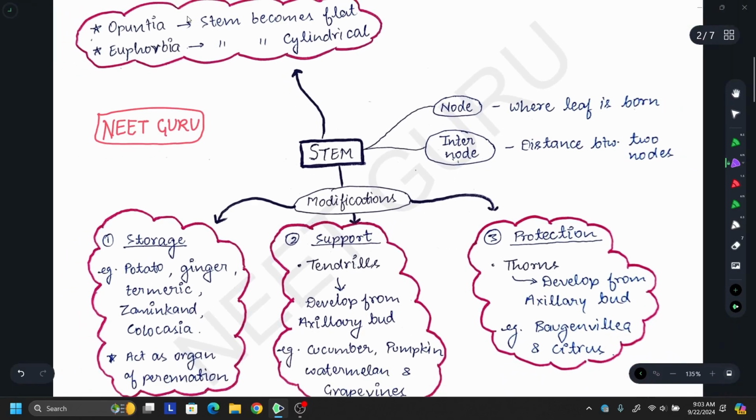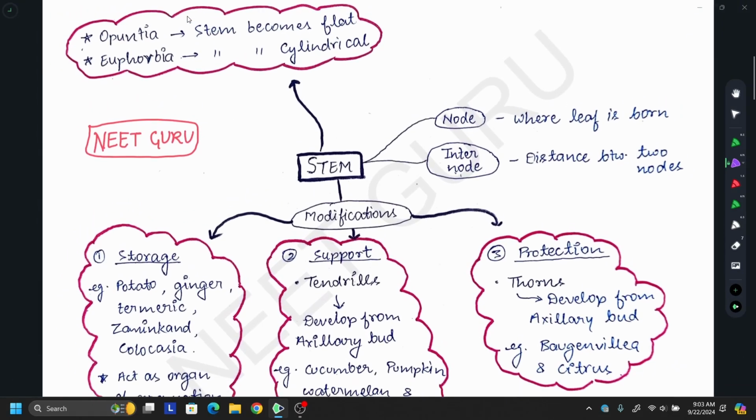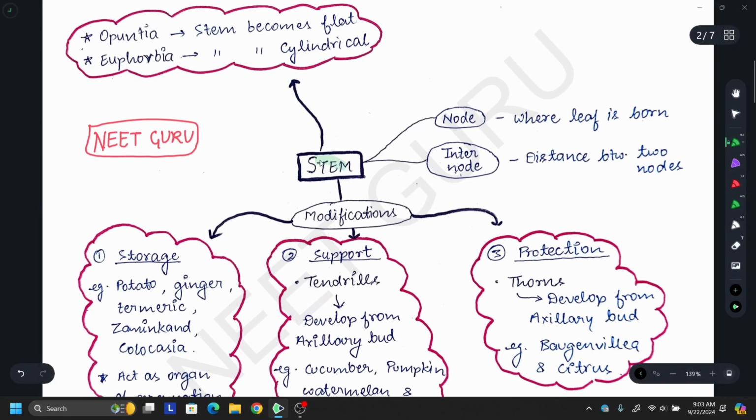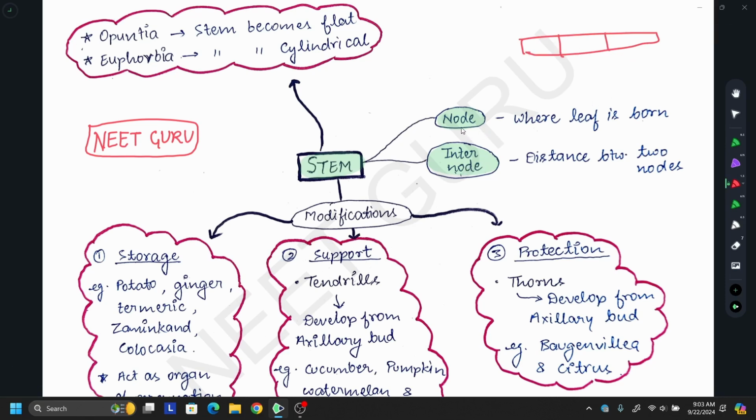Now coming to stem. So we have understood root. Now coming to stem. Now what is a stem? You can identify stem by looking at nodes and internodes. If you have a stick like this, and on this stick you can see nodes and internodes, then we call this a stem. What is node? Node is the place where leaf is born. Wherever the leaf is born, that place is called node, and the distance between two nodes is called internode.